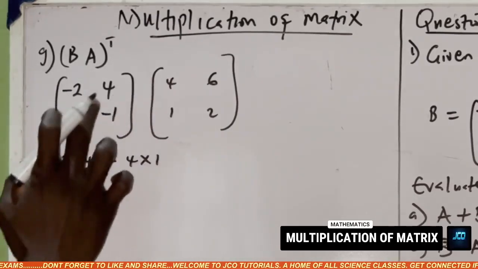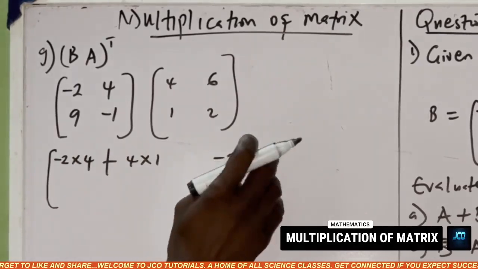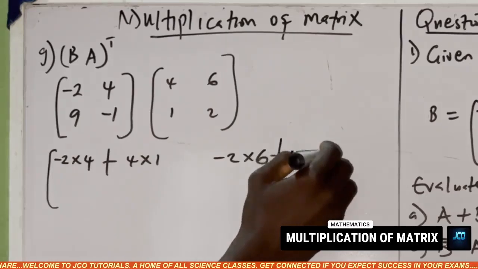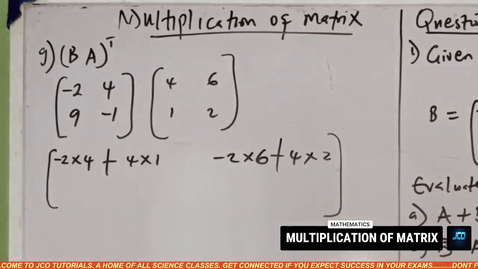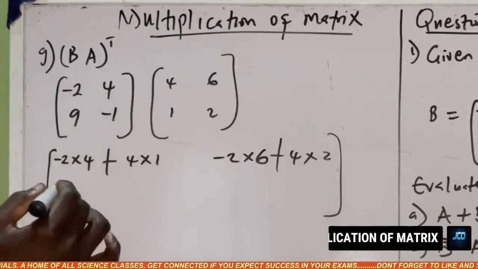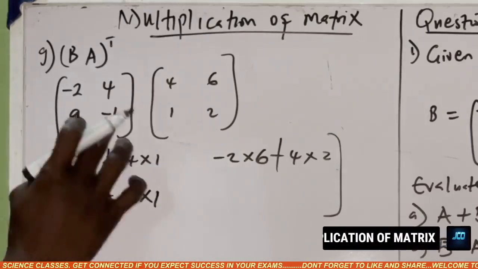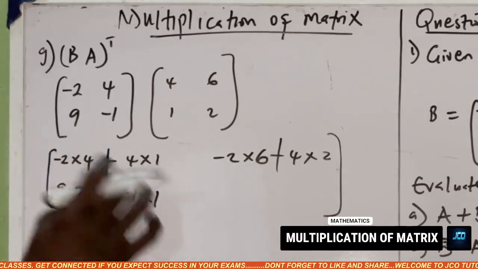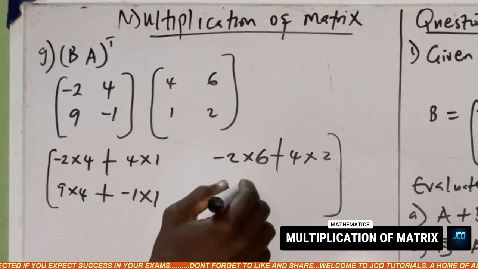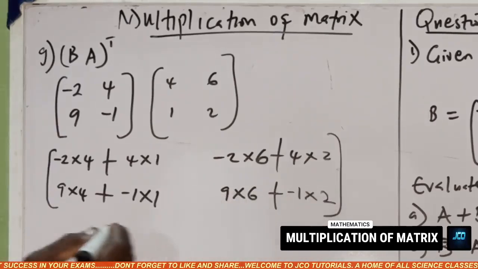Next, minus 2 times 6, then plus 4 times 2. Keep going. You have 9 times 4 plus minus 1 times 1, second row, first column. Now second row, second column: 9 times 6 plus minus 1 times 2.